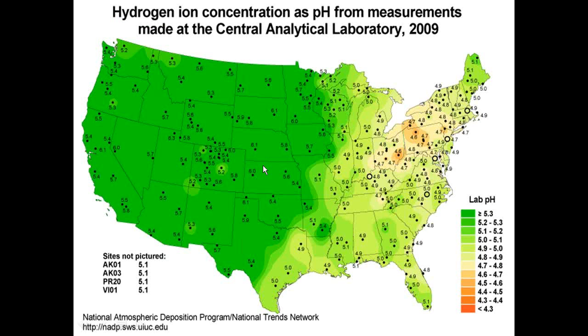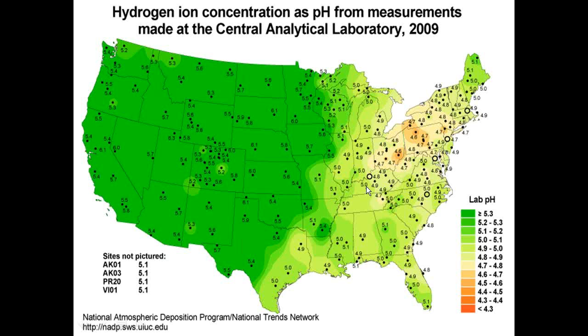Talk about acid rain. Normal rain is a pH of about 6. You can look at these maps and see the pH in the most highly contaminated areas is actually down to 4.7, 4.8, 4.9, really quite low.